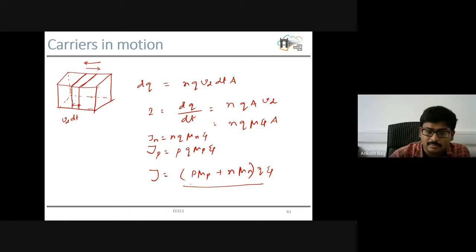So if we once again recall, this is the conductivity of your semiconductor. Your conductivity is decided by the number of carriers, holes as well as electrons, and their mobility.